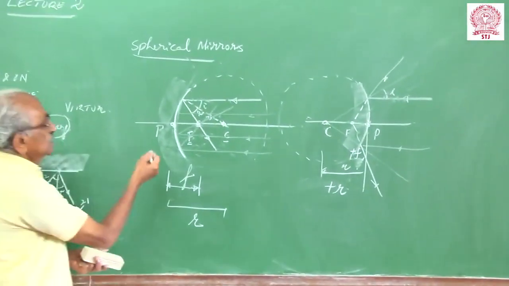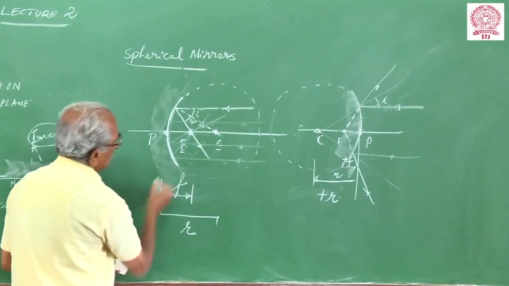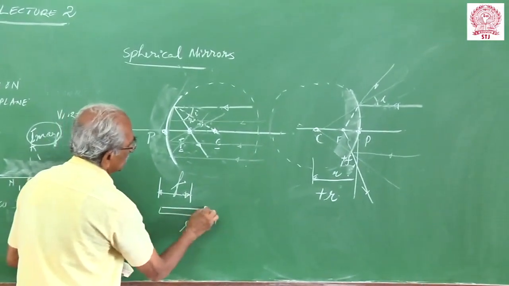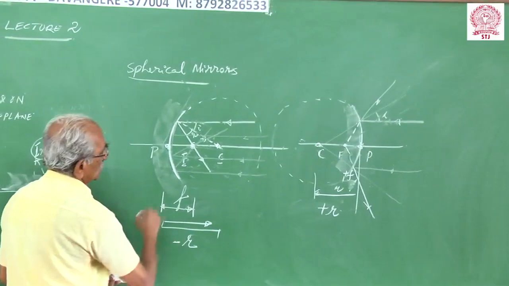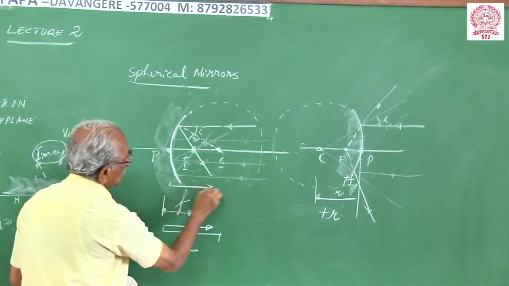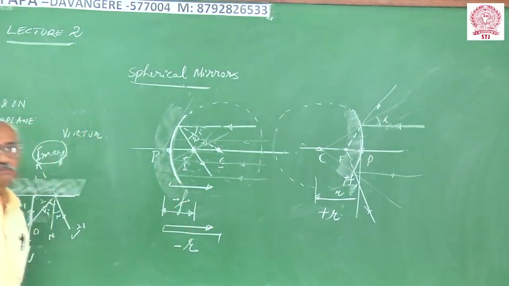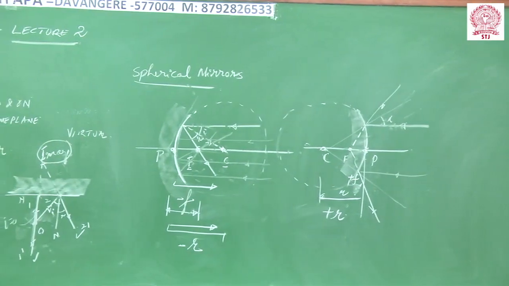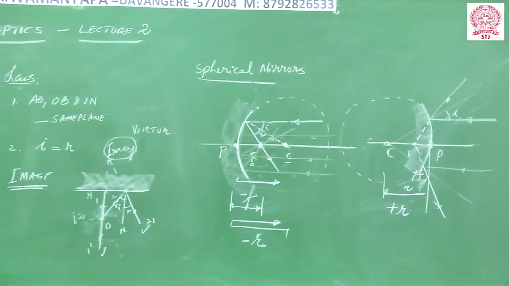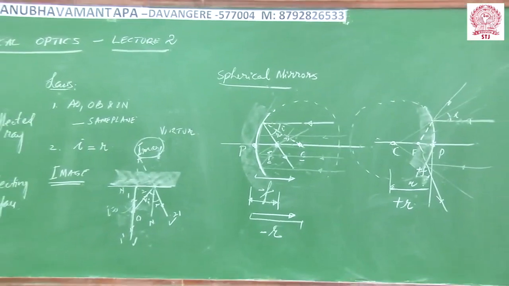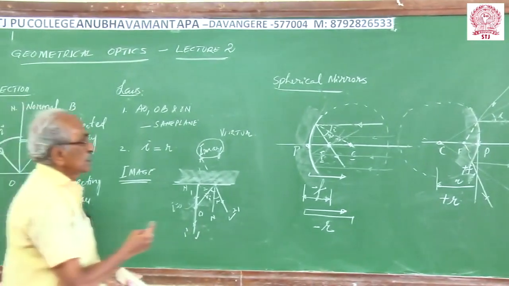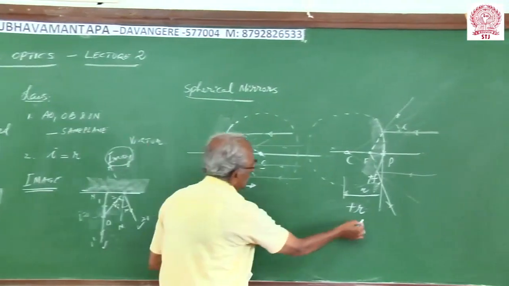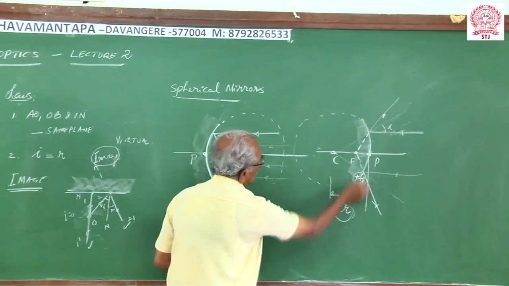Distances measured in the opposite direction, from here to here, are taken negative. Now this is all what we have discussed. Today, we will find the relation between these two distances.